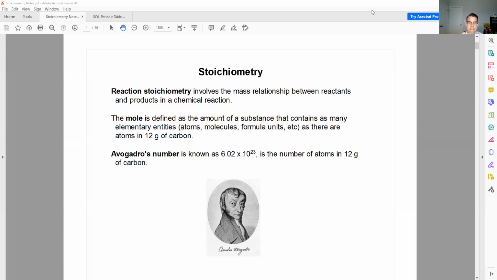So the mole is the heart and soul of stoichiometry, and it is defined as the amount of substance that contains as many elementary entities, so atoms, molecules, particles, formula units, as there are atoms in 12 grams of carbon. And Avogadro's number is 6.02 times 10 to the 23rd. That's how many atoms in 12 grams of carbon. And carbon is used as the base here.